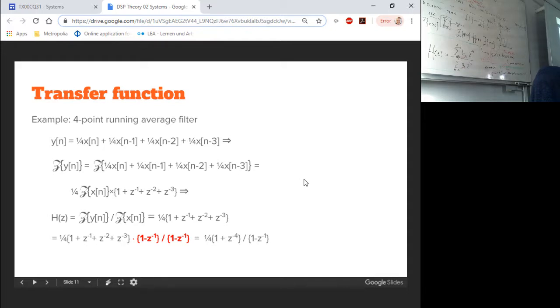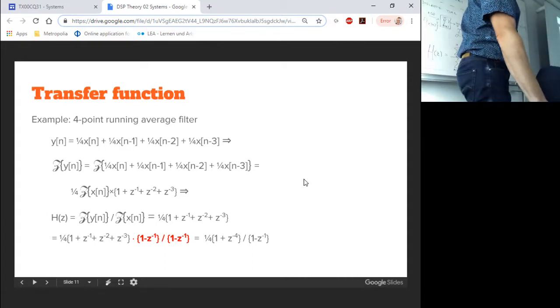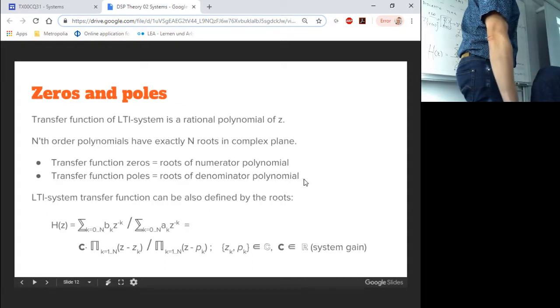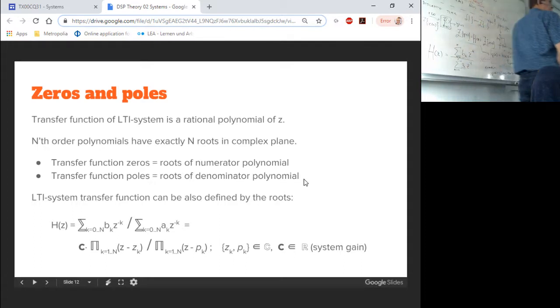Upstairs I would have the 1 minus z to the minus 4. Okay, that's the sign error. And downstairs I have this one. It still shows the same system, but it now matches the feedback version of the running average filter. Good.